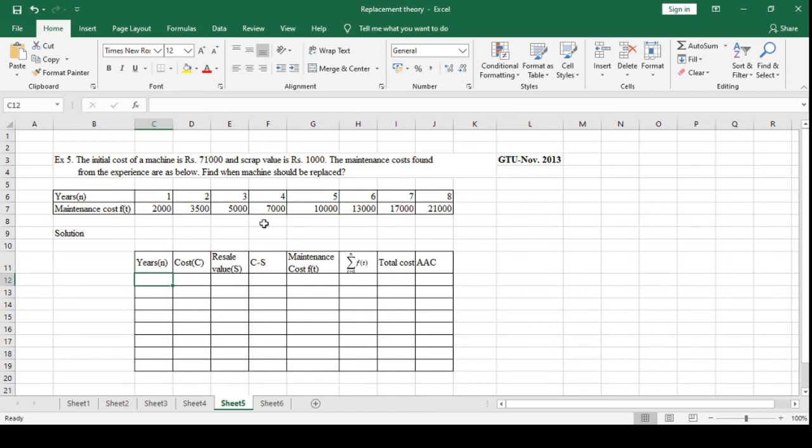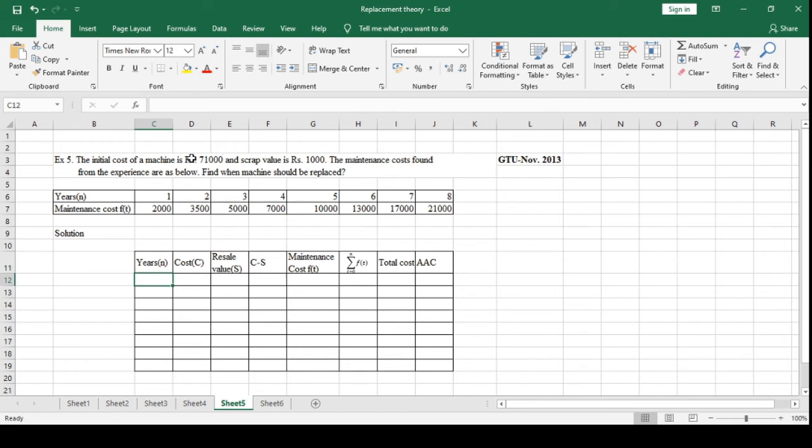The initial cost of a machine is rupees 71,000 and the scrap value is rupees 1,000. The maintenance costs found from experience are as below. Find when the machine should be replaced. Okay, so over here data is given to us related to the number of years as well as maintenance cost, different maintenance cost for the different years.